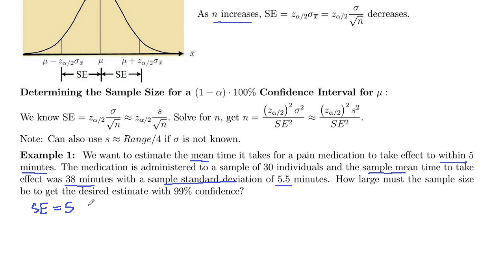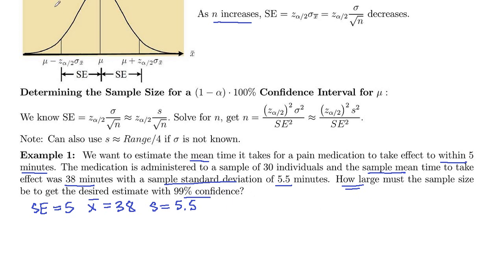So our sample mean was x bar equals 38. That's actually not used in the formula. And our sample standard deviation was 5.5. How large must the sample size be to get the desired estimate with 99% confidence?